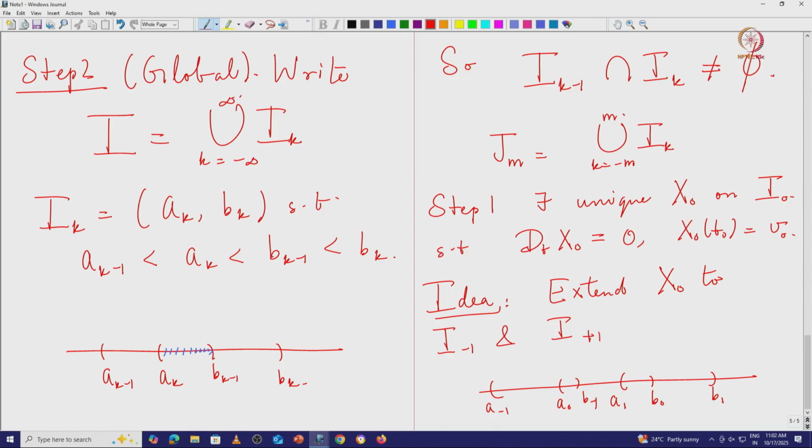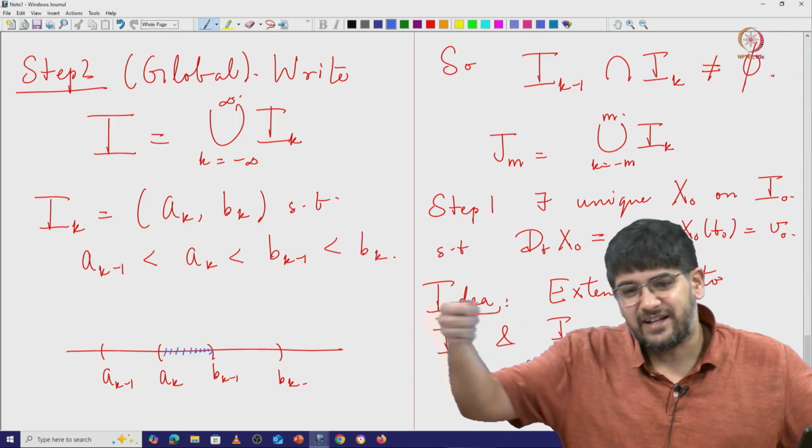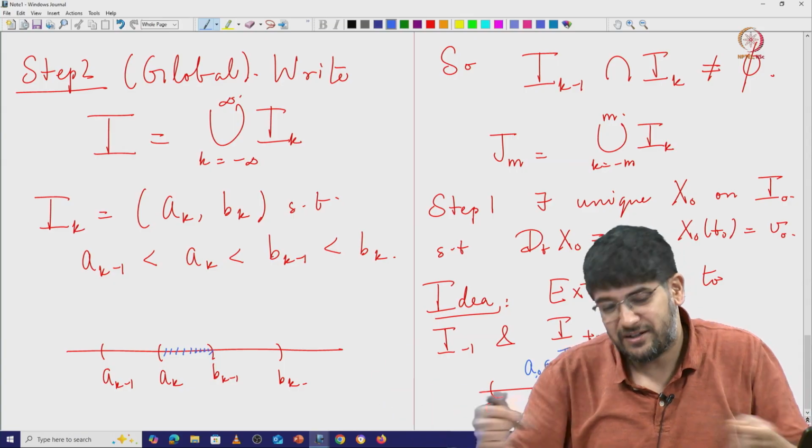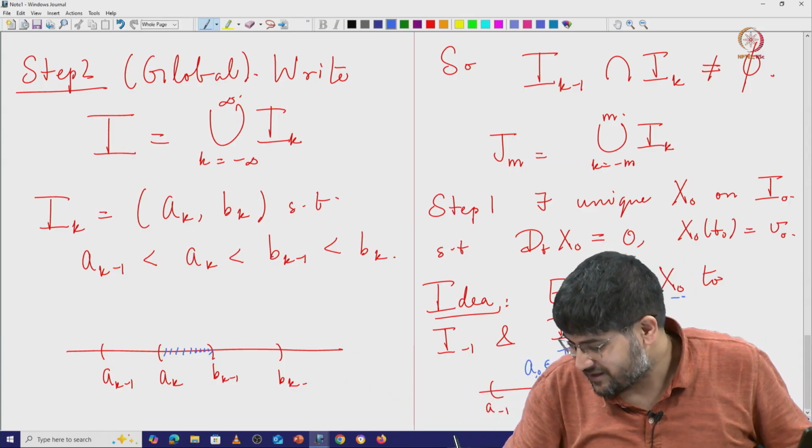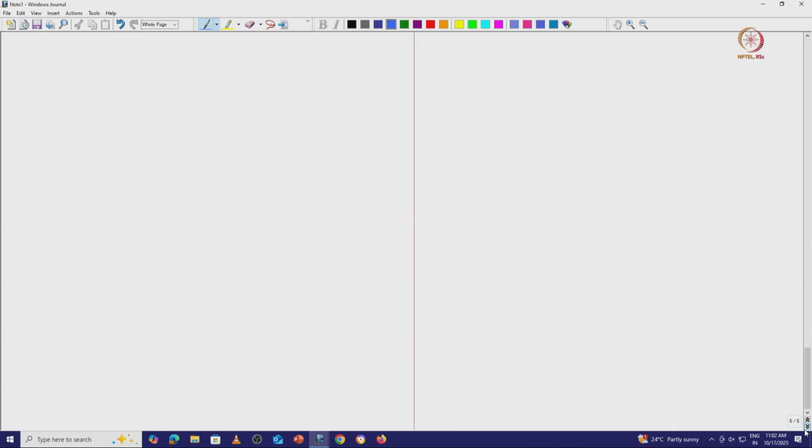The idea is that a naught is contained in I minus 1, similarly b naught is contained in I1, and I already know the value of x naught at a naught and b naught. So the idea is to use those as the new initial conditions and then extend it to these two new intervals.